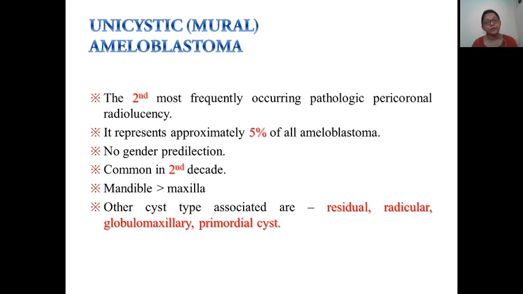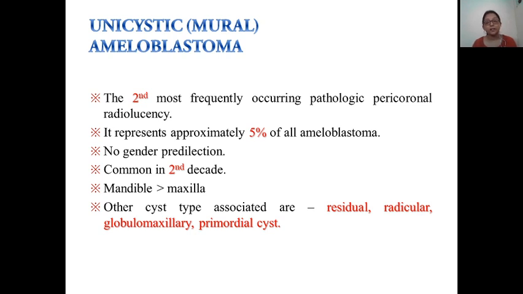There are other types of cysts which are associated with this: the residual cyst, the radicular cyst, the globulomaxillary cyst and primordial cyst. Residual cyst takes place after the tooth falls out, from the remaining portion.